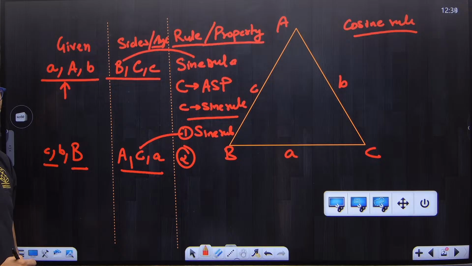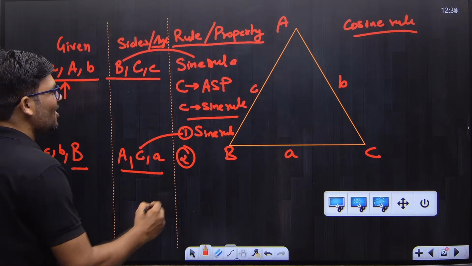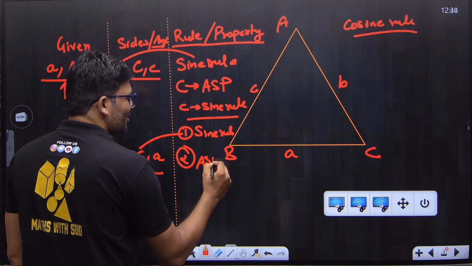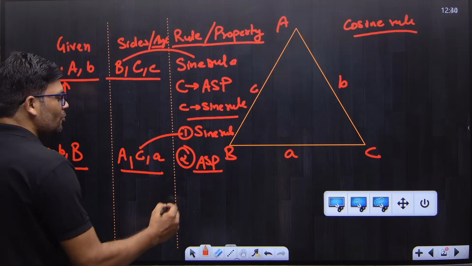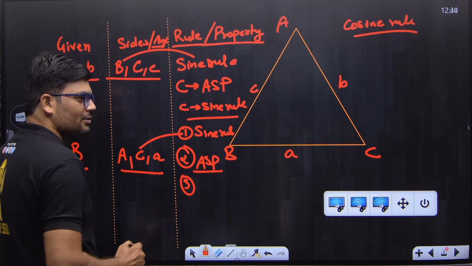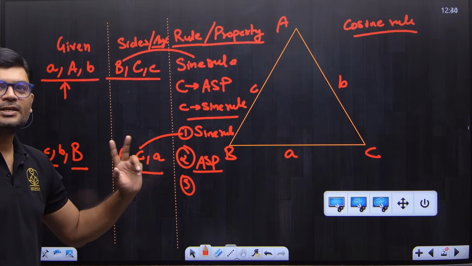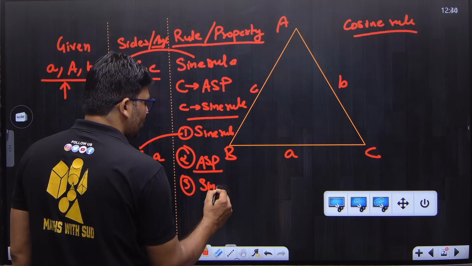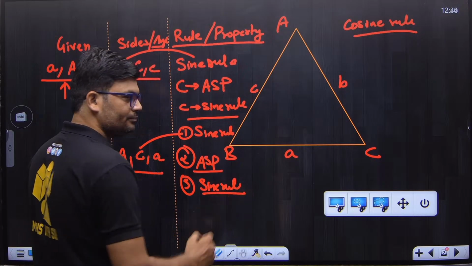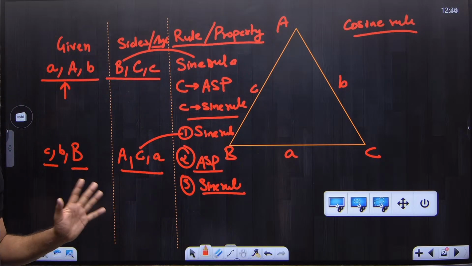So now you have angle B, angle C, then you'll find angle A. Now you understood the concept. Using angle sum property, you will find the third angle. Now you have all three angles and two sides, so the third side can also be found using the sine rule again. Are you getting it? Understood now?